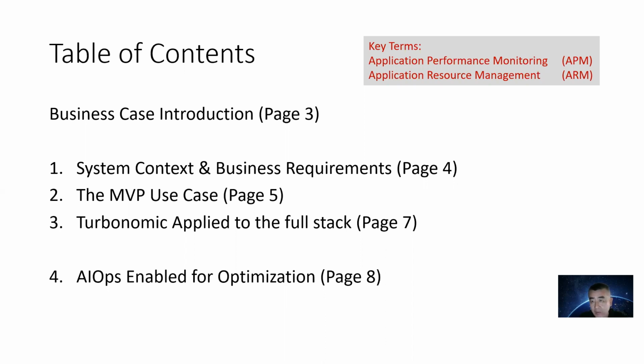Number two, I will look at this from our MVP perspective, a simplified use case to see the architecture and the needs and to see how the process goes. And after we see the system context and the MVP use case, we will look at what kind of approach and offering Turbonomic provides to the enterprise to resolve the application resource management problem.